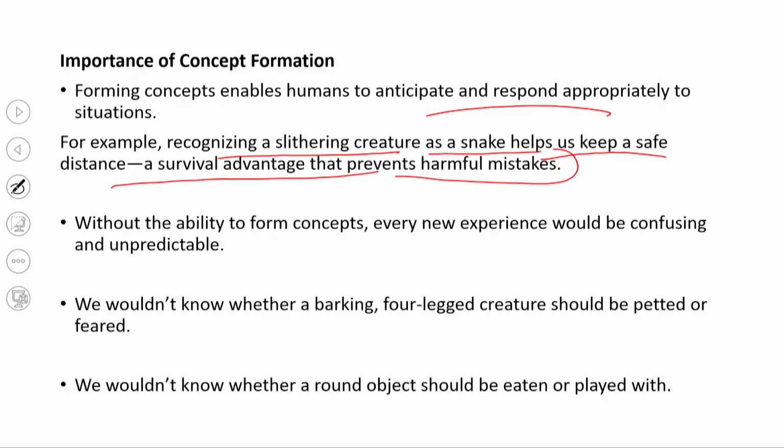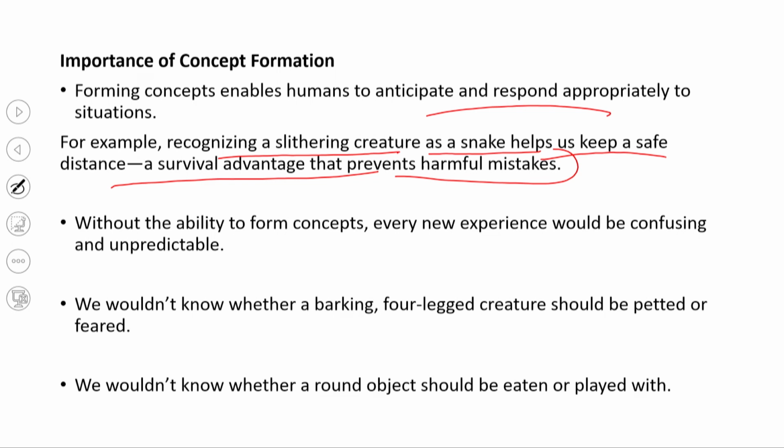We have a concept of snake as an animal which can be dangerous. So, we all have a concept of snake, and it can be dangerous. The moment we see a snake, automatically we know what to do, we know the appropriate behavior. We keep a safe distance because we know it can be dangerous.